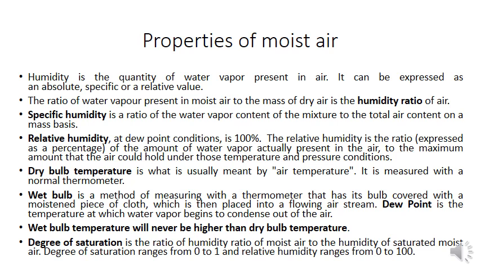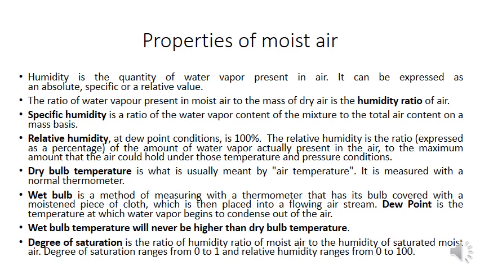Second is specific humidity. Specific humidity is the ratio of water vapor contained in the mixture to the total air contained on a mass basis. Simple. And the one we were talking about with respect to air conditioning is relative humidity.